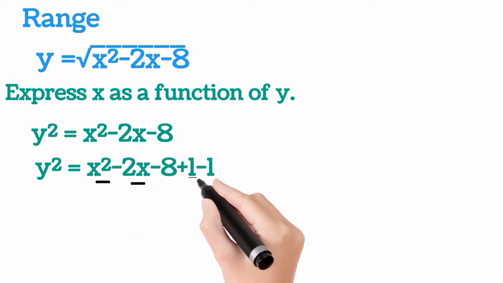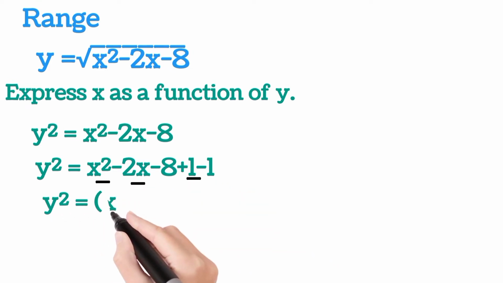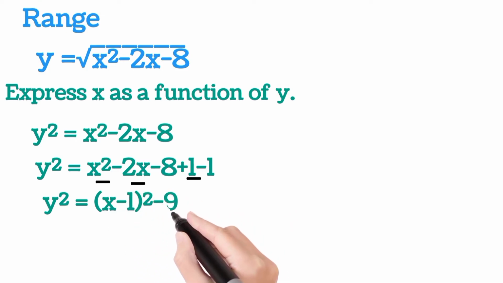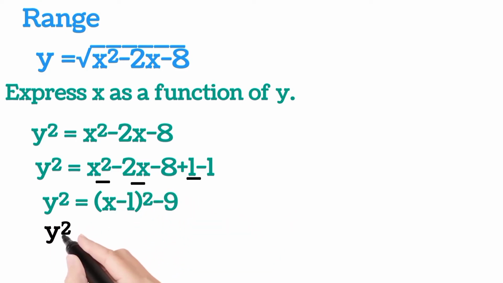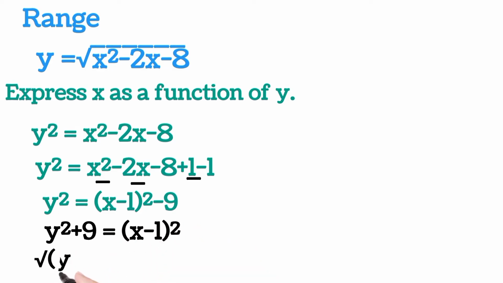Now x² − 2x + 1 can be written as (x − 1)², and −1 − 8 will be −9. So this will be y² + 9 = (x − 1)², or square root of y² + 9 = x − 1.